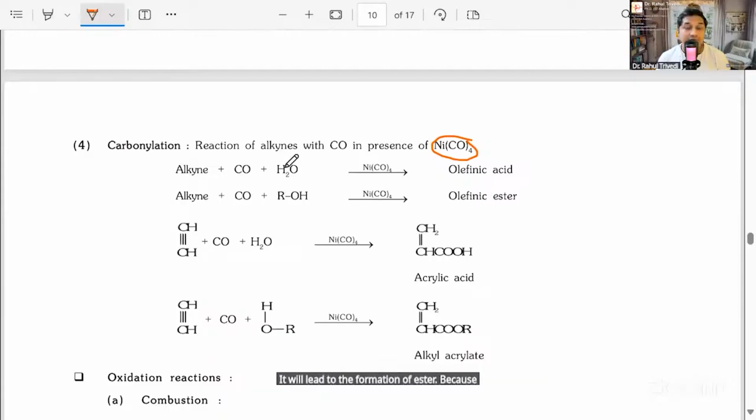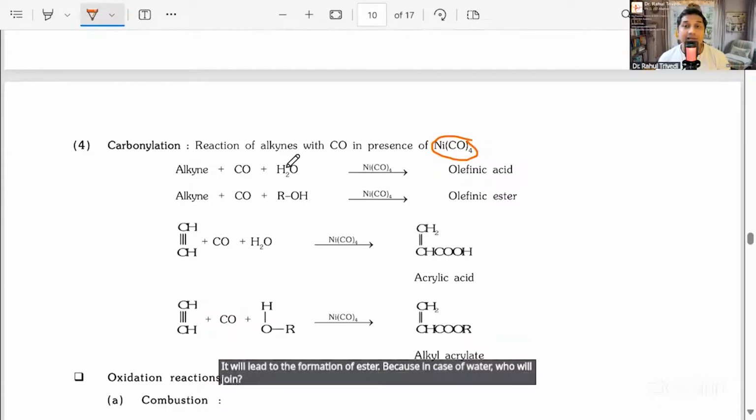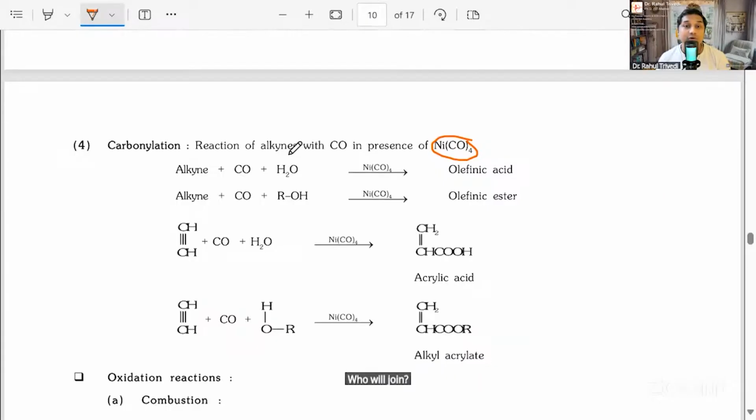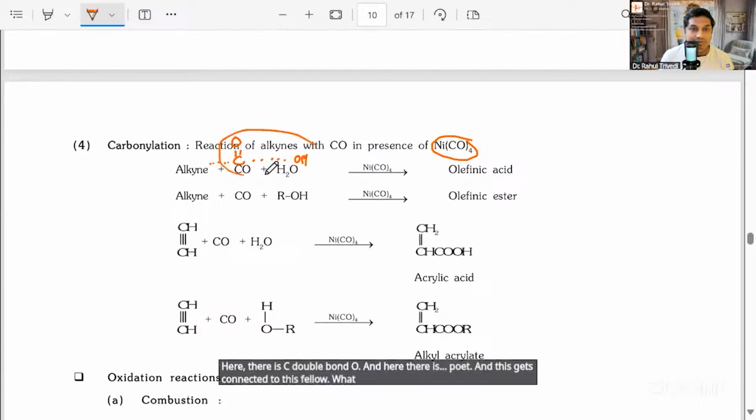Because in case of water, who will join? Who will join? OH. It's like this. Here there is C double bond O, and here there is OH. And this gets connected to this fellow. What is this together? Acid.